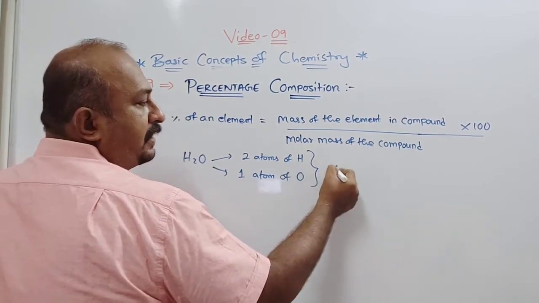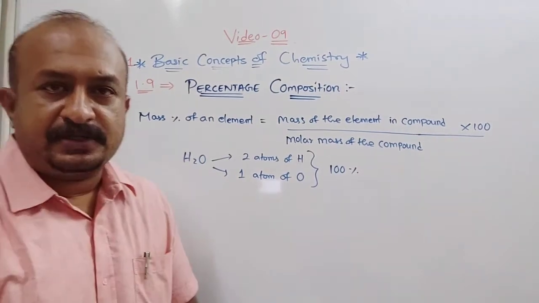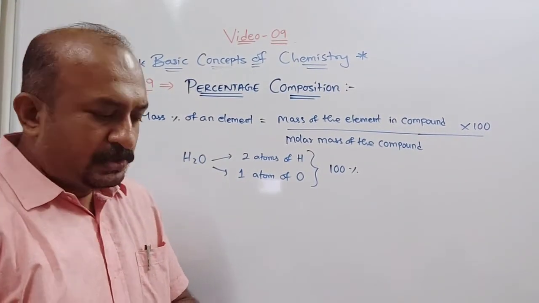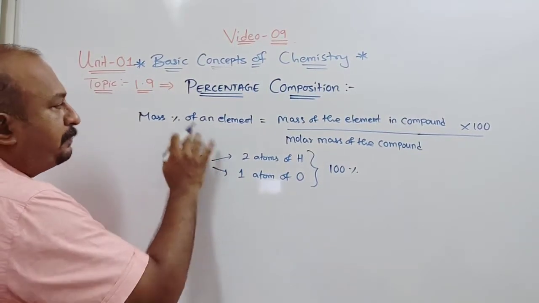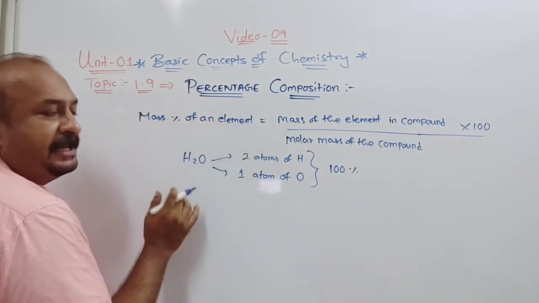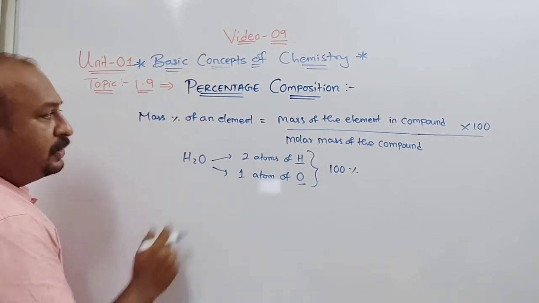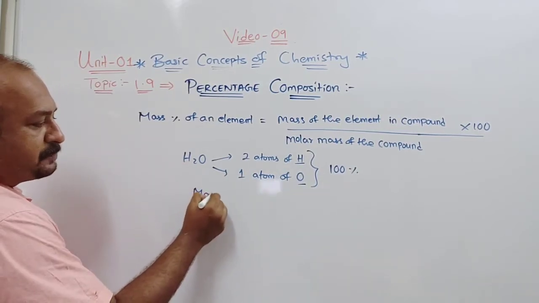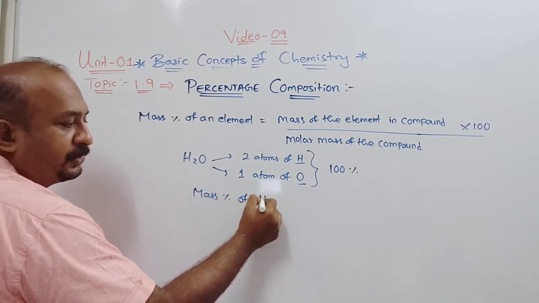Both of these together make a 100% compound. So if you want to find the mass percent of an element, here two elements are there, hydrogen and oxygen.